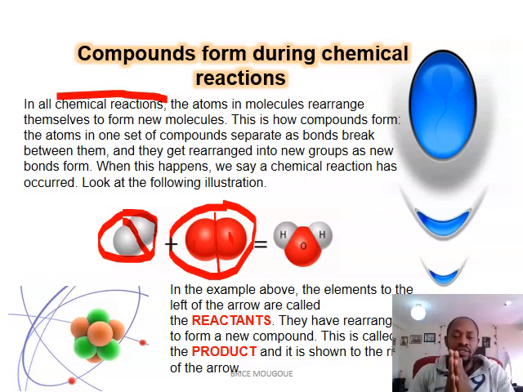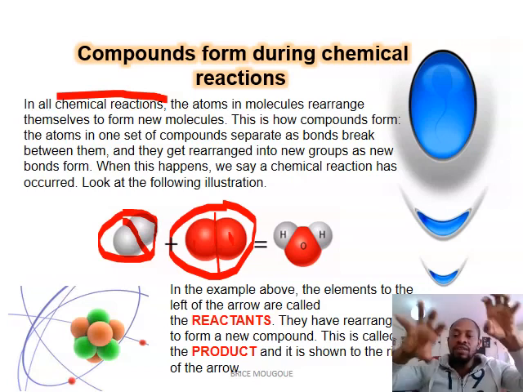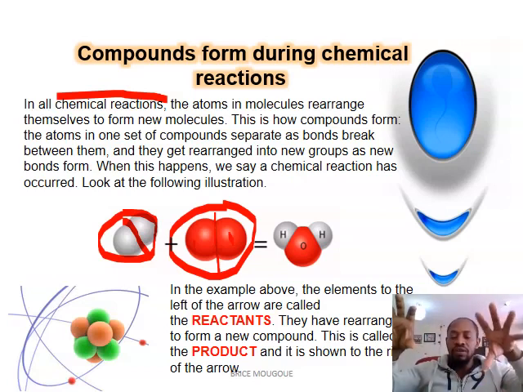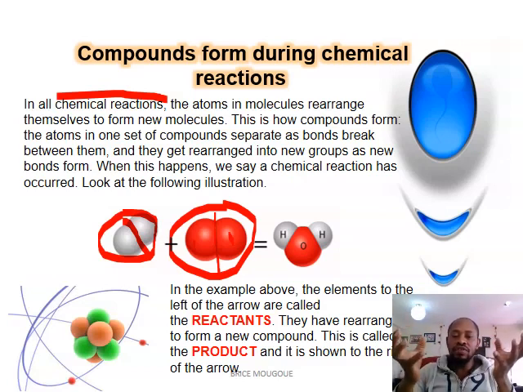I'm saying intermediate because they are now halfway between what they used to be in the molecular form and what they will be in the compound form of the element. There will be an intermediate form where we have free atoms seeking each other, trying to rearrange themselves.